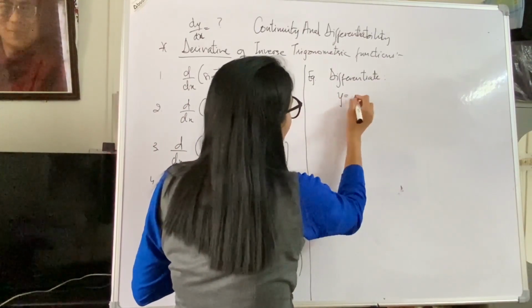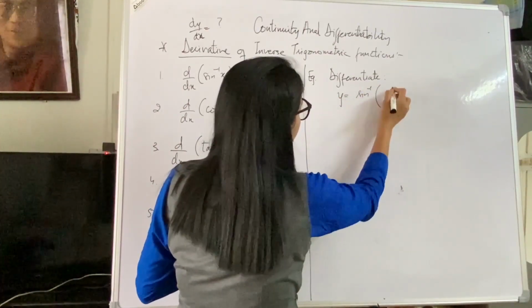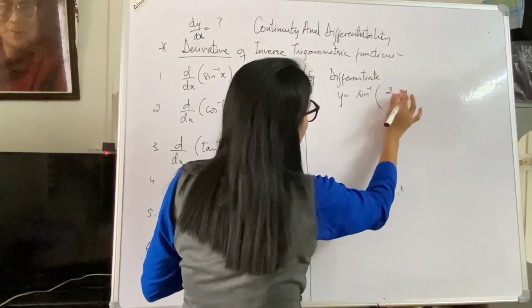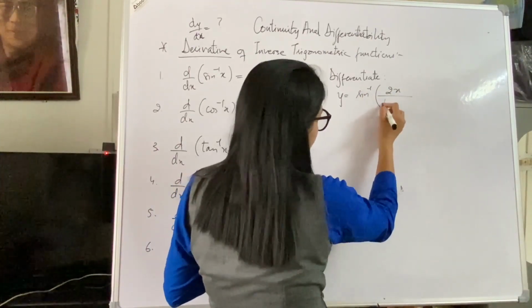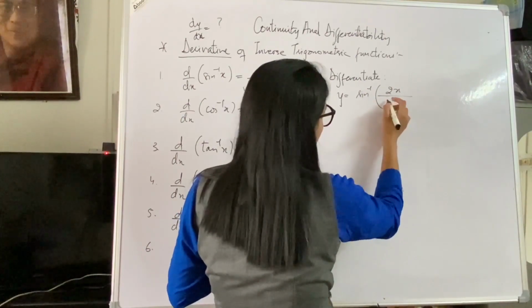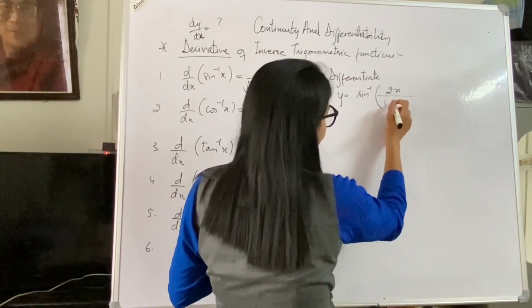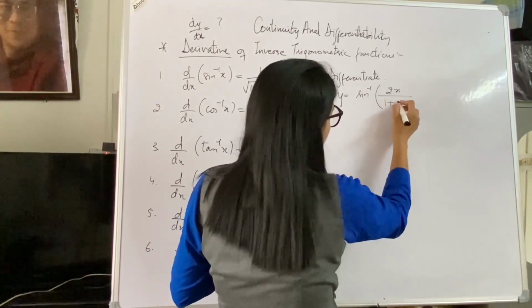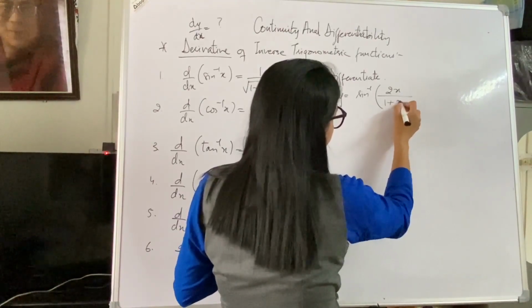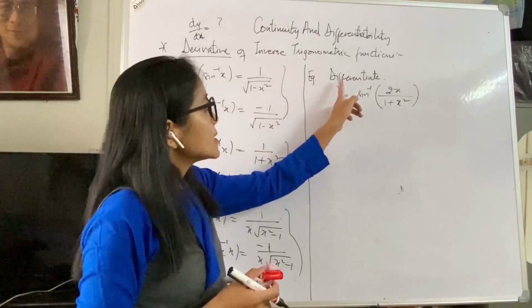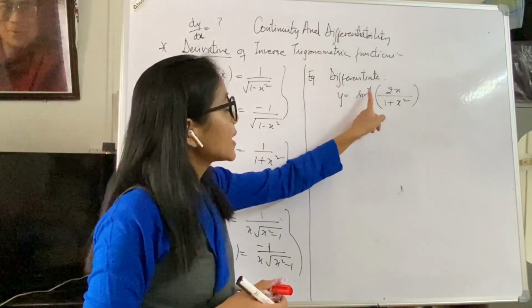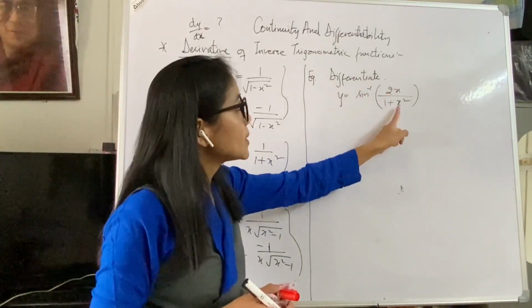Differentiate y is equal to sine inverse of 2x upon 1 plus x square.